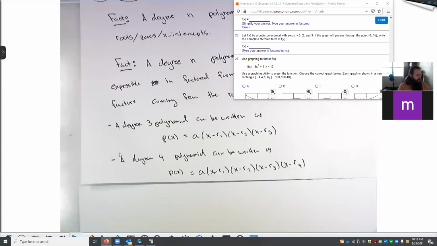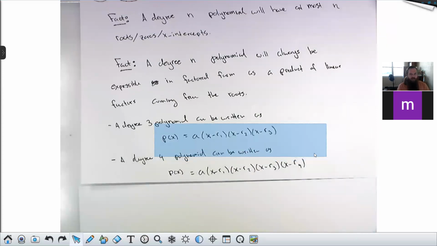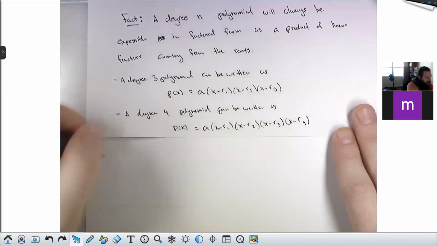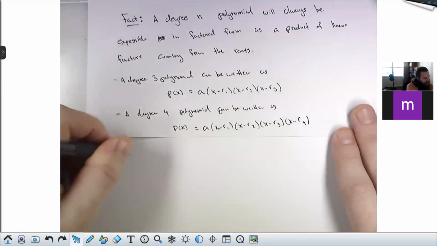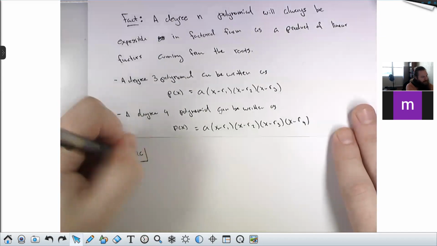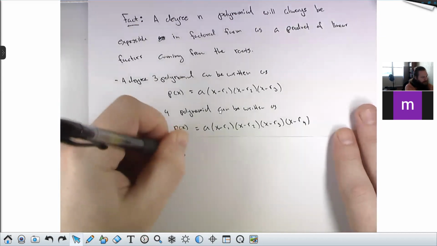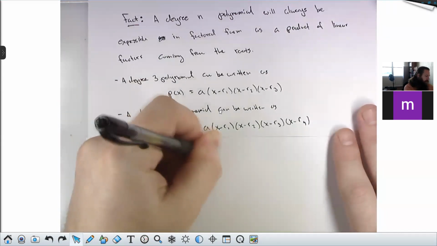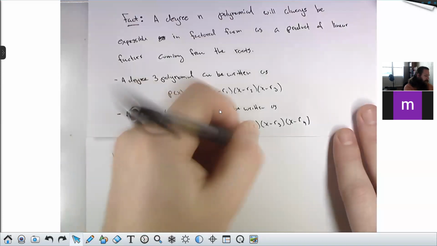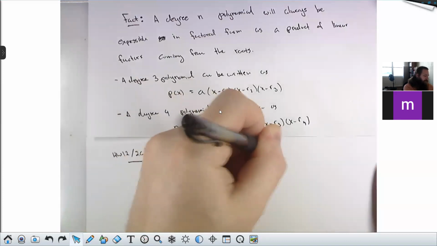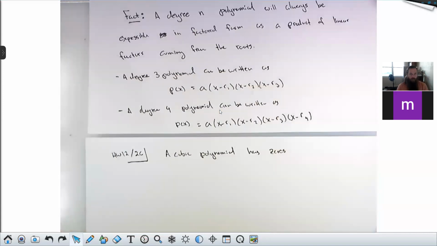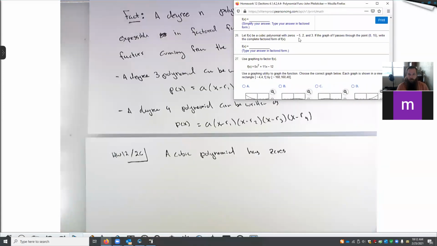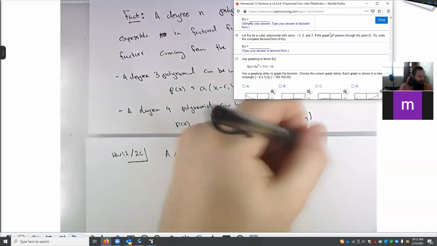So what we need to do here is think like this, right? We're looking for something like this. This is a cubic polynomial in factored form. They told us, 112, number 26, they told us a cubic polynomial has zeros -5, 2, and 3.